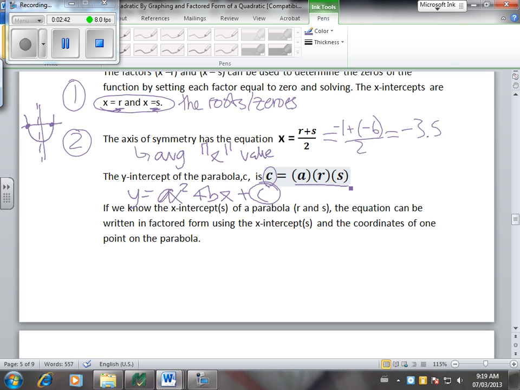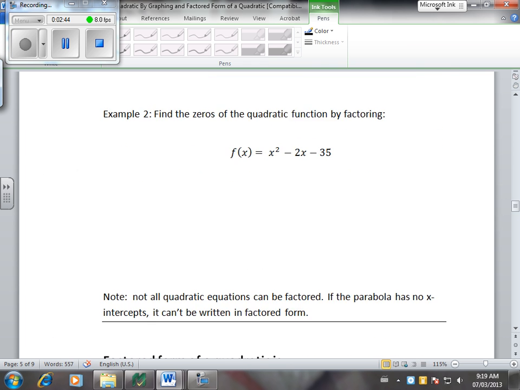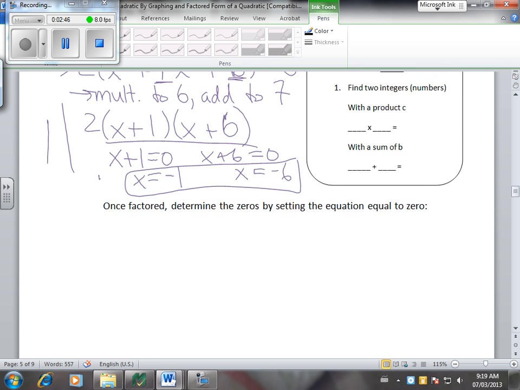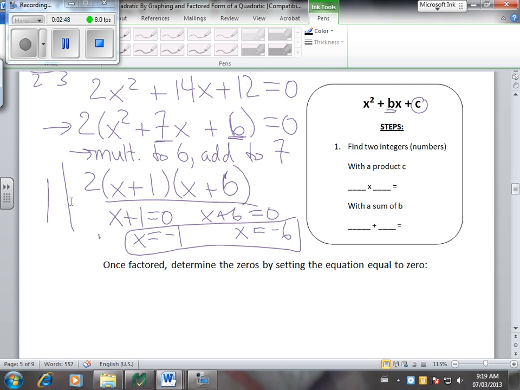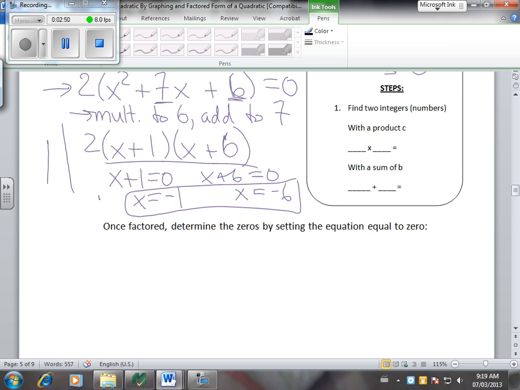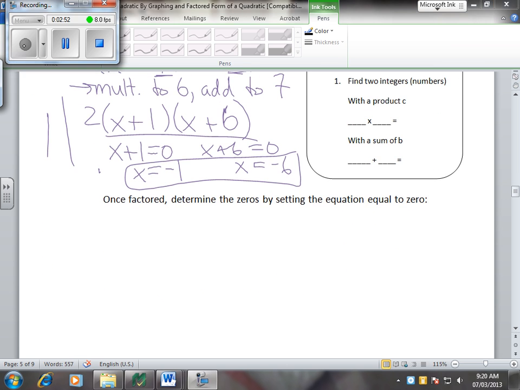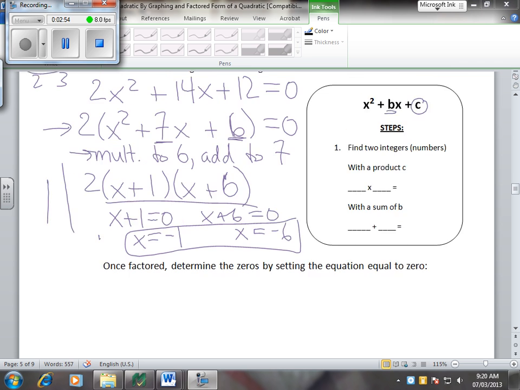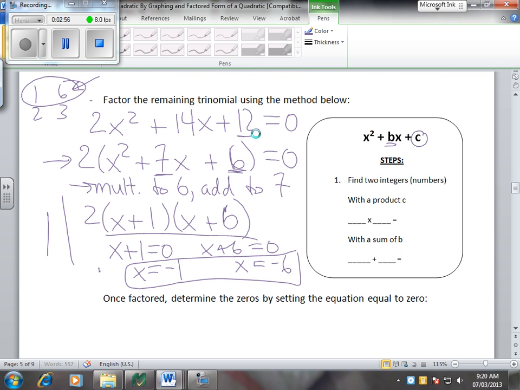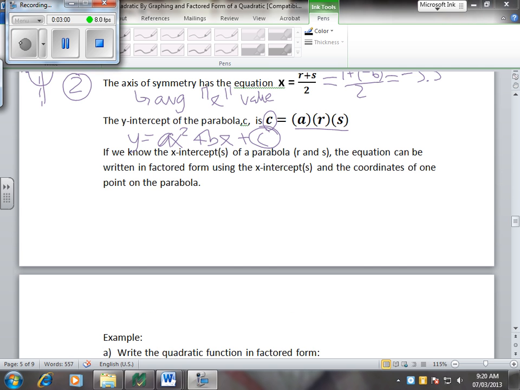Okay, so in this example above, our y-intercept would be 2 times 1 times 6, which gives us 12. And we can see that there, so we know that's right. And then, so that finding the y-intercept would be step 3.